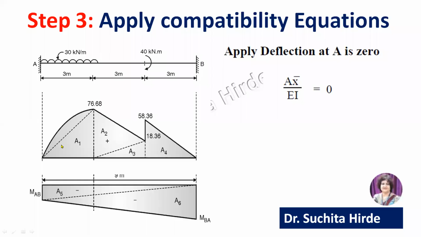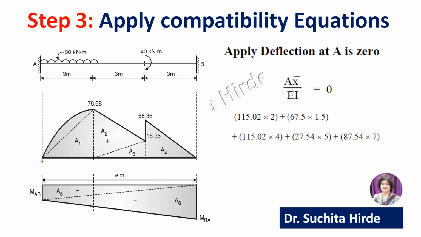Now let us take moment of all the areas about A. Now A1 contains two parts. So this is triangular part multiplied by the distance of CG of this triangle from A. It is 2/3, that is 2 meter. Then this area has its CG at the center, that is at 1.5 meter. So this is the moment of area A1. Then area A2 is a triangle.